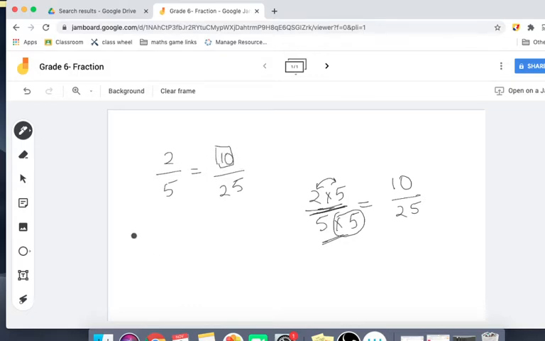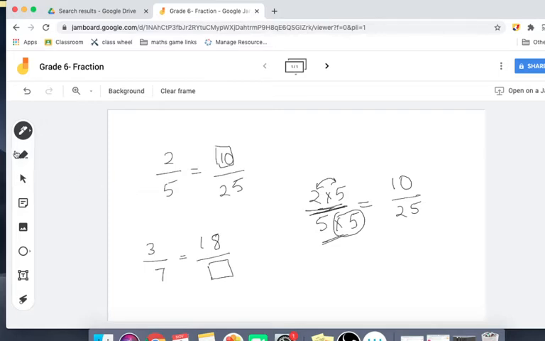Or let's take another example: 3 by 7, and you want to make 18 in the numerator, and you have to find the denominator.